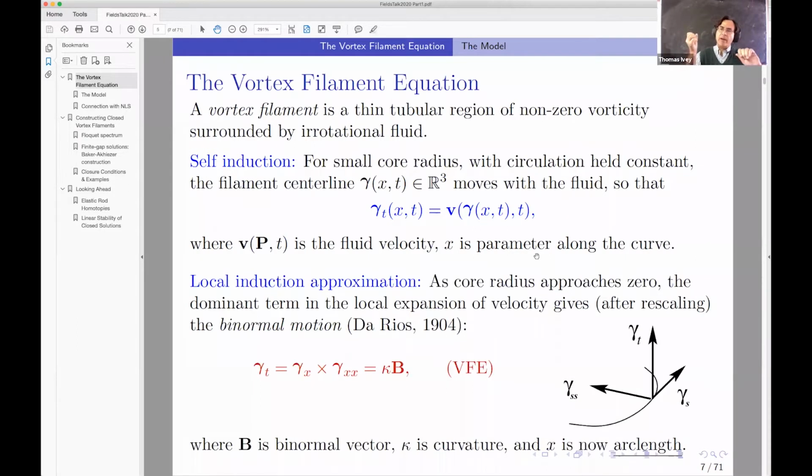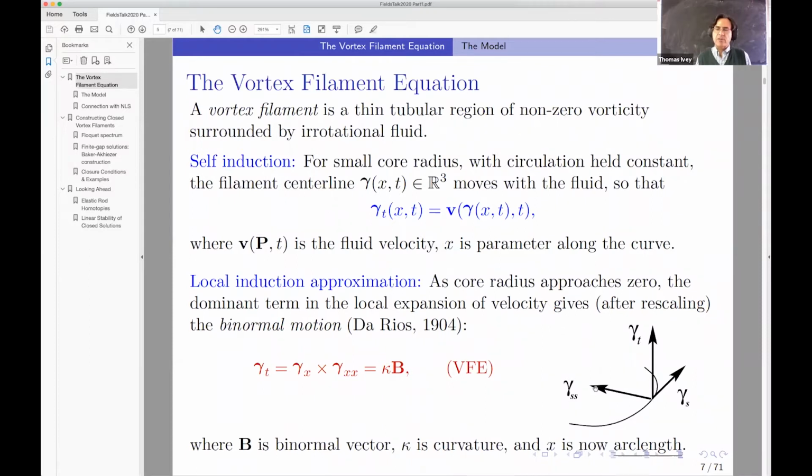But as you make the core radius approach zero, the dominant term in the expansion, after you do some rescaling, becomes the binormal vector field times the curvature of the curve. So just to remind you, now I'm going to use x to be arc length. There's s in this picture here, so this really should be gamma sub x, which is, of course, the unit speed. So I've been using an arc length parameter along the center line of the filament.